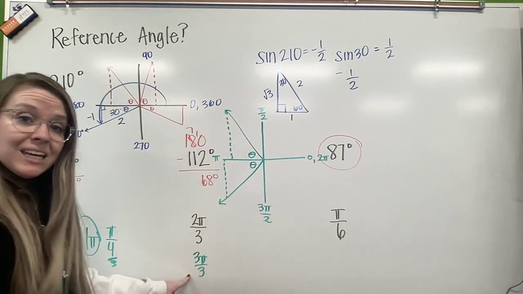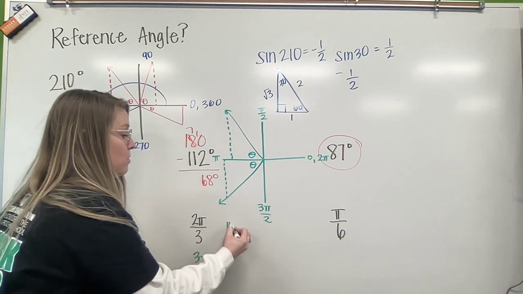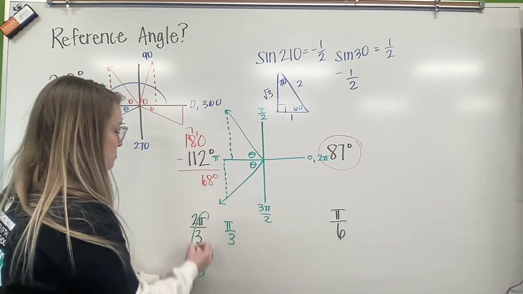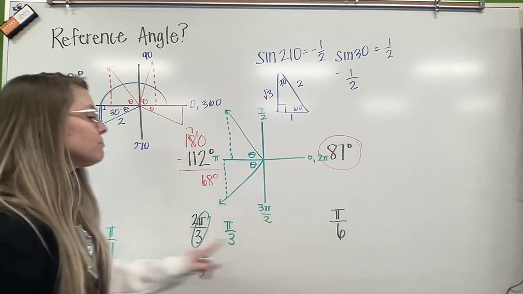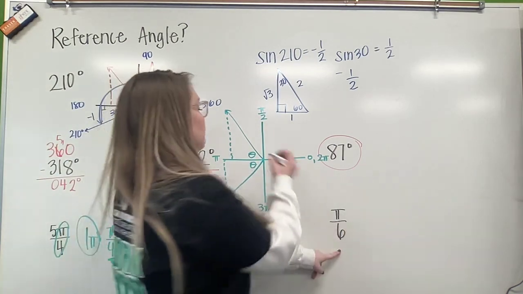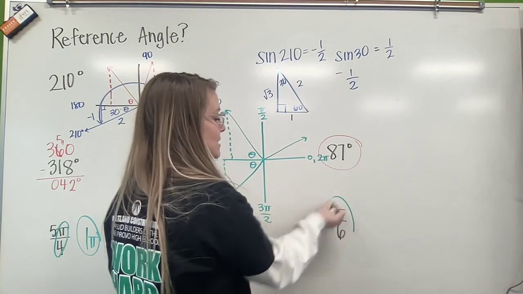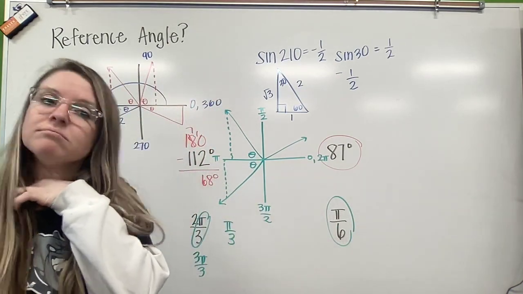We're missing a third of our pi. So pi over 3 is our reference angle. It's right there, right? Then we got pi over 6. Pi over 6 is in the first quadrant, so our reference angle is pi over 6. You have a sixth of pi.